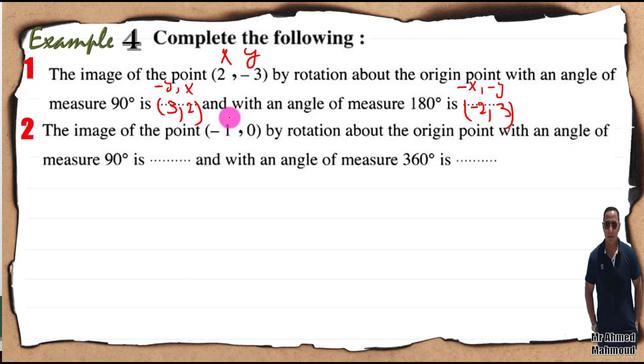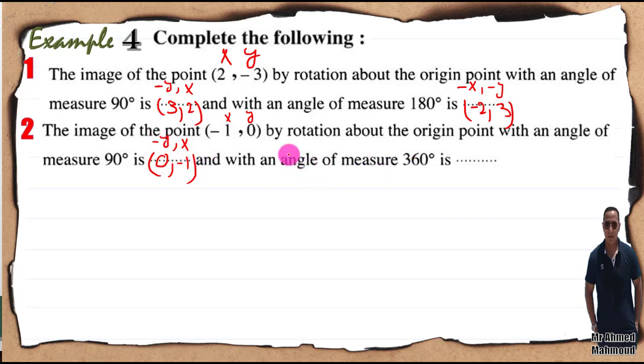Another example, the point negative 1 and 0 by rotation about the origin with an angle 90 degrees. This is x and this is y. 90 degrees becomes negative y, x, so it is 0 and negative 1.